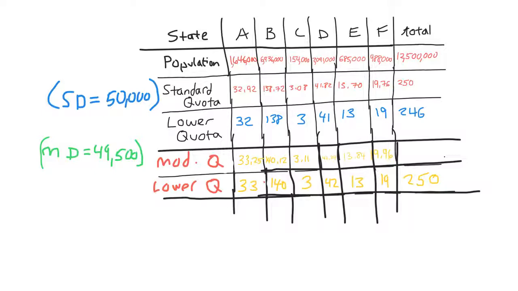That's actually the Hamilton's method. But if it doesn't work, the Jefferson's method says take the standard divisor, make it less. That bumps up the modified quotas until they're a large enough number such that when you round them down, it will add up to 250. So that's the Jefferson's method.